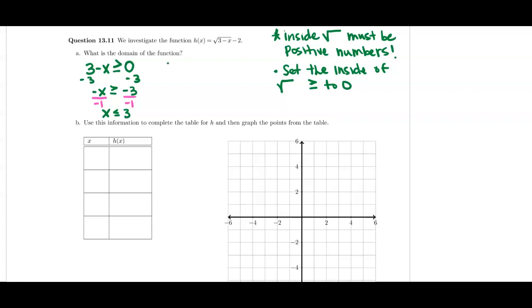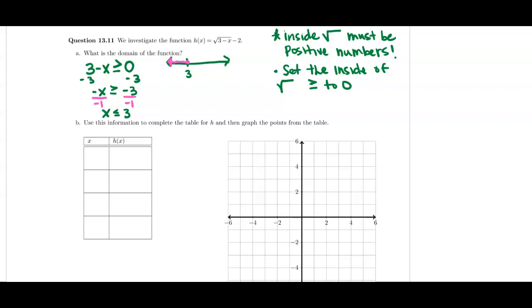Let's think about this on a number line. Here's 3, and I want the stuff that's less than or equal to 3. So I want all of the stuff to the left, because that's all the stuff that's less than or equal to it. And we'll write our domains in interval notation. Remember, we did this at the very beginning of the semester, within the first couple of weeks at least, when we were talking a lot about domain and range.